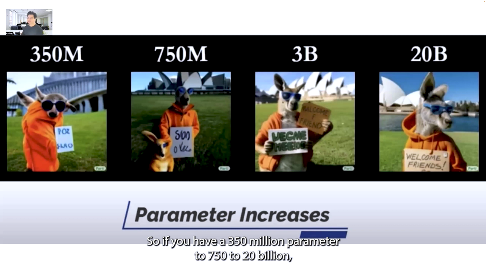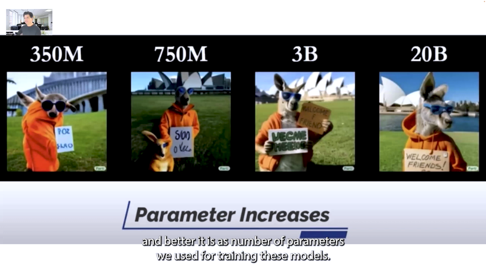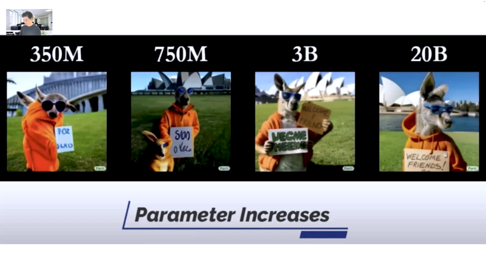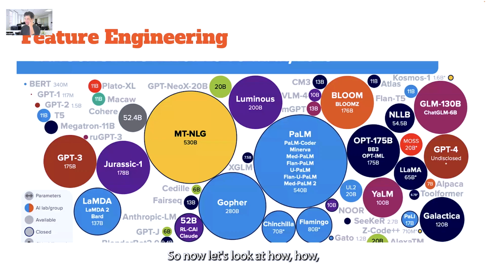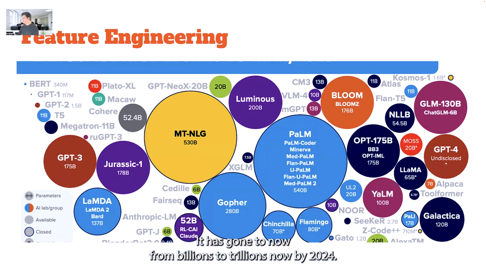If you have 350 million parameters to 750 million to 20 billion, you can see how the image is processed and how much more beautiful and better it gets as the number of parameters we use for training these models increases. So now let's look at how many features large language models have been using as parameters to train. It has gone from billions to trillions by 2024.